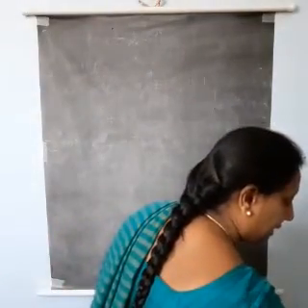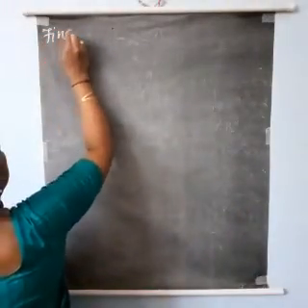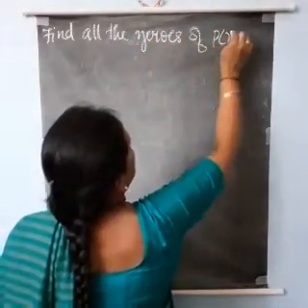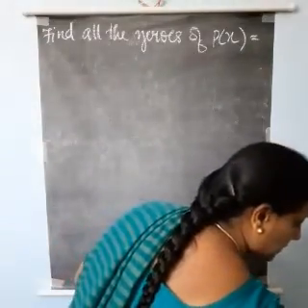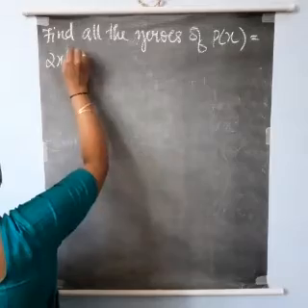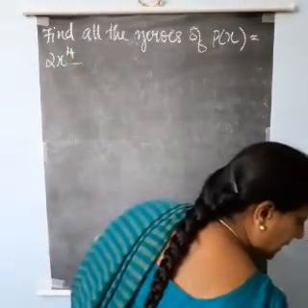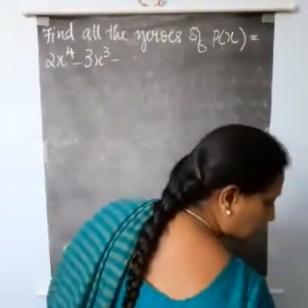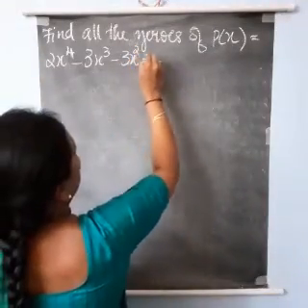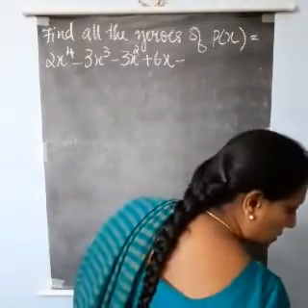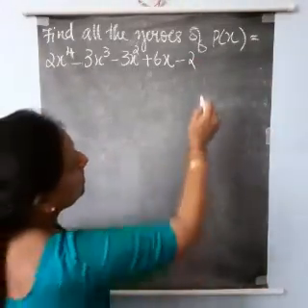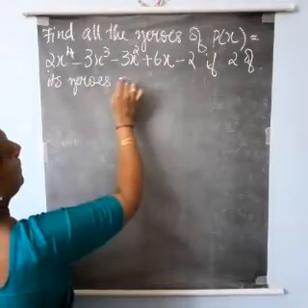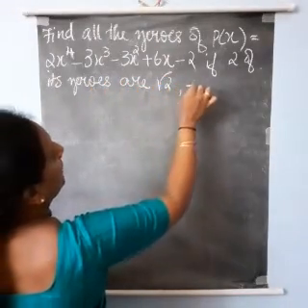Just say they say find all the zeros of p of x, which is equal to 2x power 4 minus 3x cubed minus 3x squared plus 6x minus 2, if 2 of its zeros are root 2 and minus root 2.